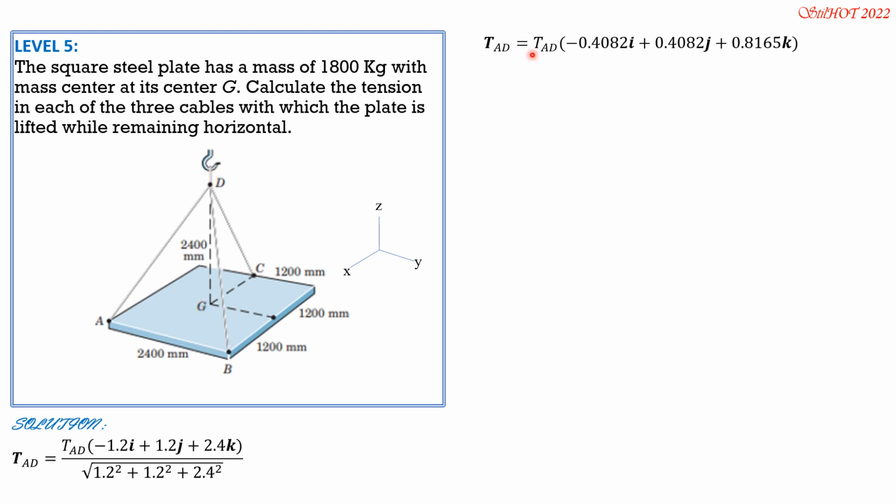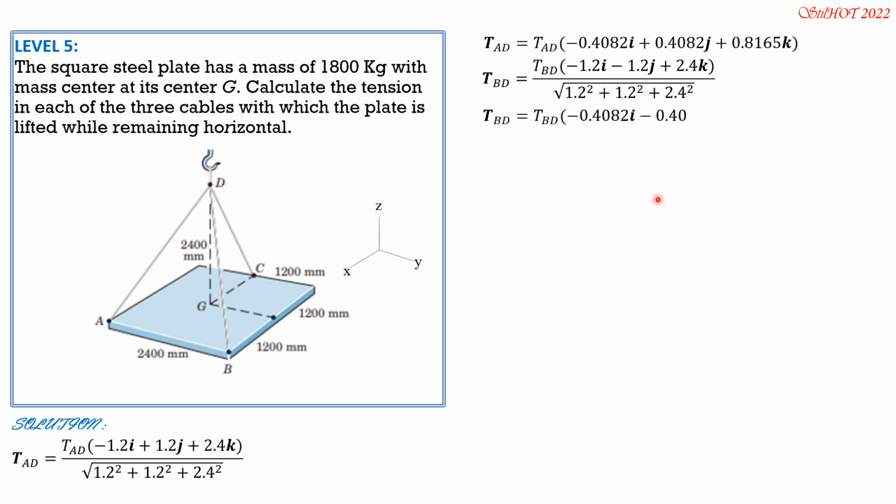So it's the same except for the second component. So tension BD is magnitude of tension BD quantity negative 1.2I, negative 1.2J plus 2.4K over square root of 1.2 square plus 1.2 square plus 2.4 square. So tension BD is magnitude of tension BD times quantity negative 0.4082I, negative 0.4082J, then positive 0.8165K.